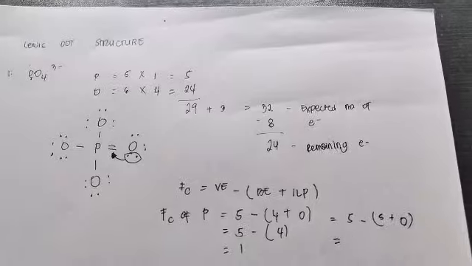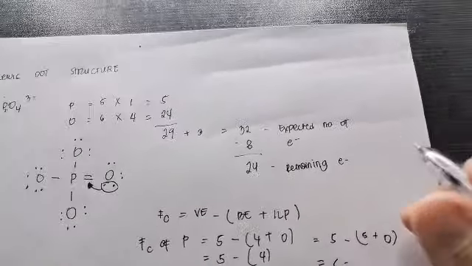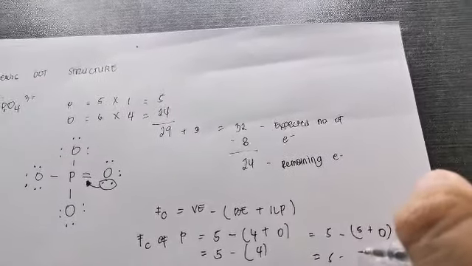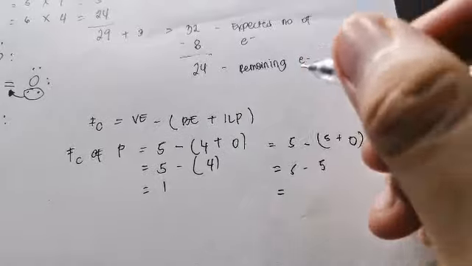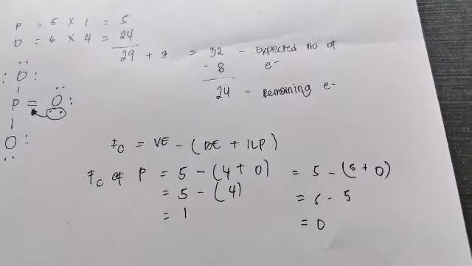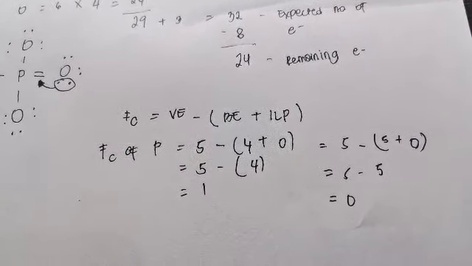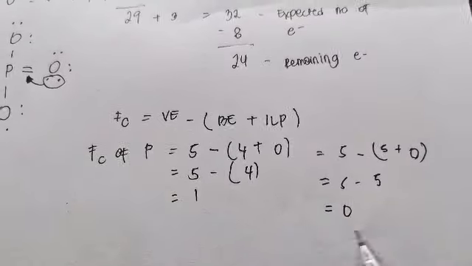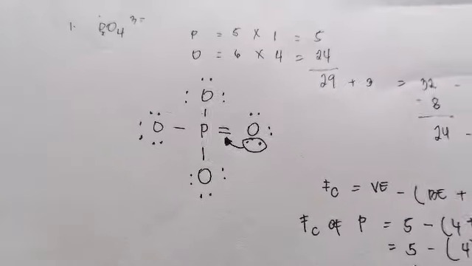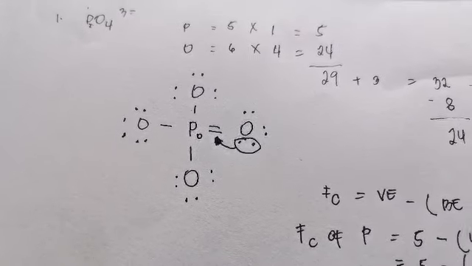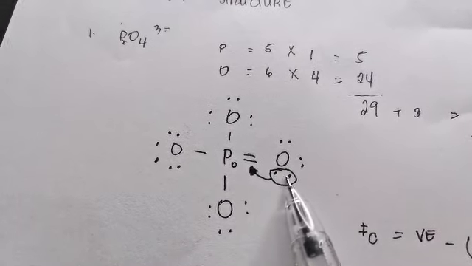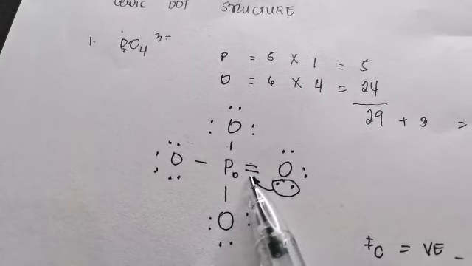So you have 5 minus 5 plus 0, you have 5. Okay. And then 5 minus 5, you have 0. So 0 na po yung formal charge ni phosphorus. It means okay na po siya. So, 0 na po yung ilalagay natin. So, it means, ito po ay mawawala, magiging double bond na po siya.